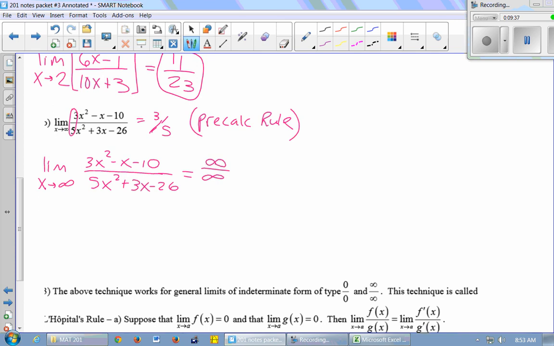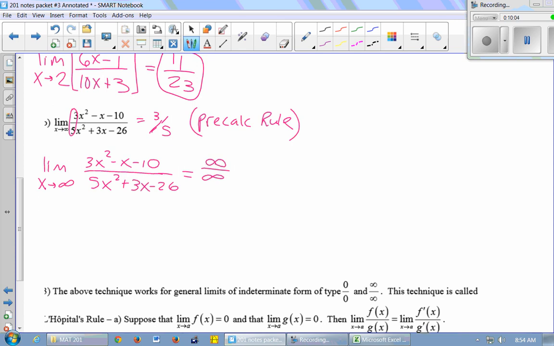If the numerator goes to infinity faster than the denominator, the whole fraction is going to get big and go to infinity. If the denominator goes to infinity faster than the numerator, then the denominator is going to get bigger faster than the numerator does. That whole thing's going to go to 0. If they go to infinity at exactly the same rate, it would go to 1, or it might balance out at some other constant.